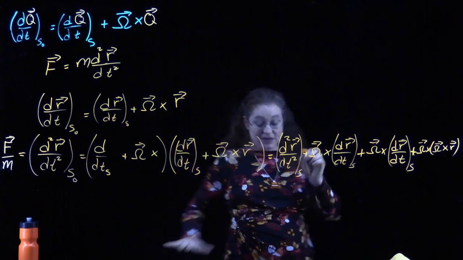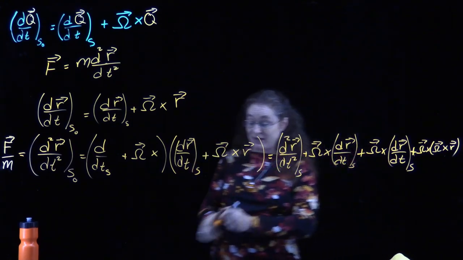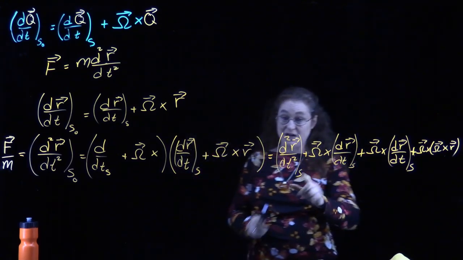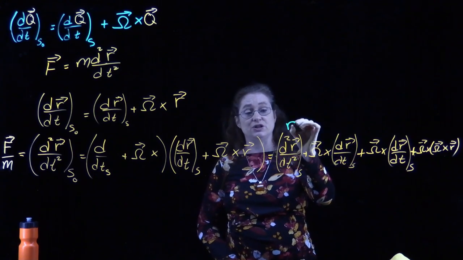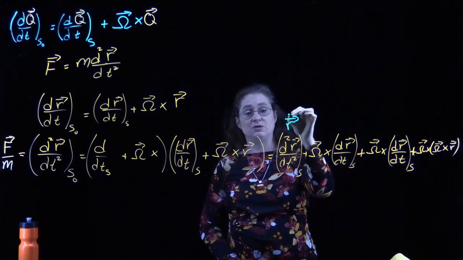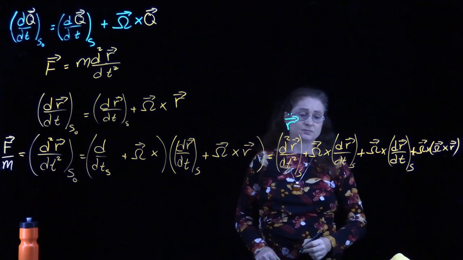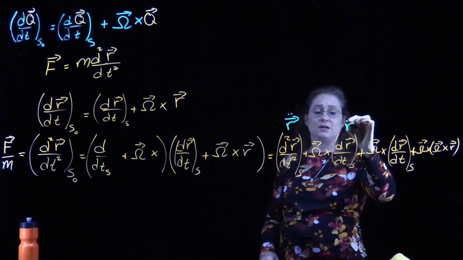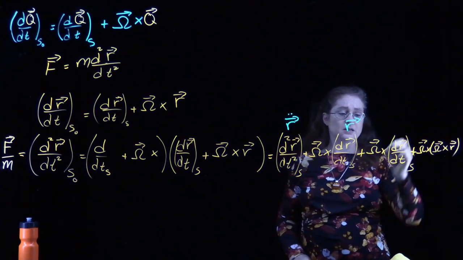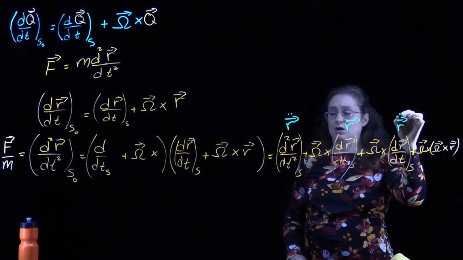All right, allowing us to rename things that are in the non-inertial frame with the dot notation, this becomes r double dot. This becomes r dot. This becomes r dot.